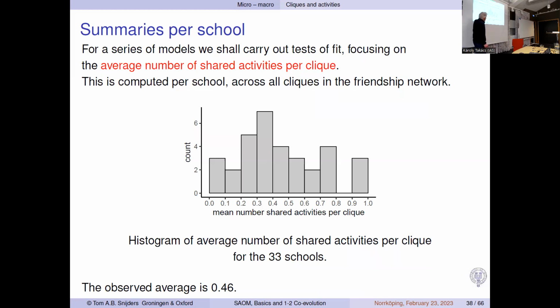For the 33 schools, these are the counts. There are some with 0 and some with an average of one shared activity. It's not so big. The average of the 33 schools is 0.46, which may not be so large, but could it occur at random?